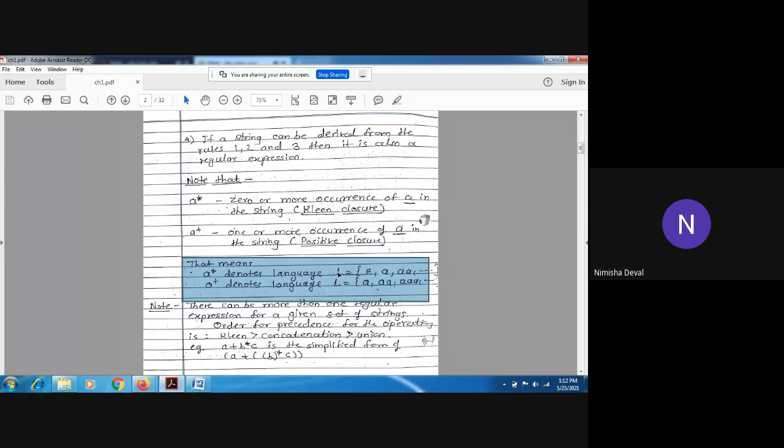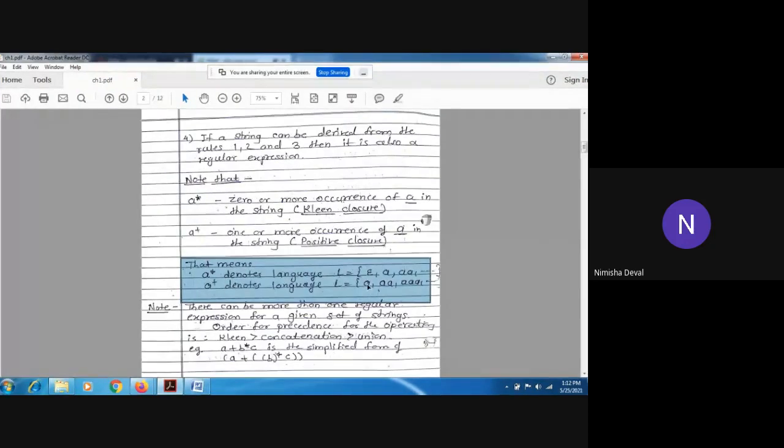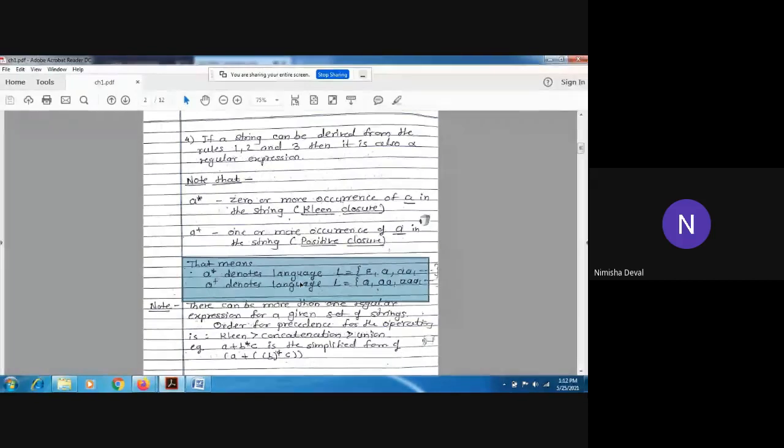You can see here L is equal to epsilon, A, double A, triple A, and so on. The process goes on till infinity, because we have said zero or more occurrences. And here, one or more occurrences means A raised to 1, A raised to 2, A raised to 3, likewise A, double A, triple A and onwards. So just remember these two things, and you can design any type of regular expression.